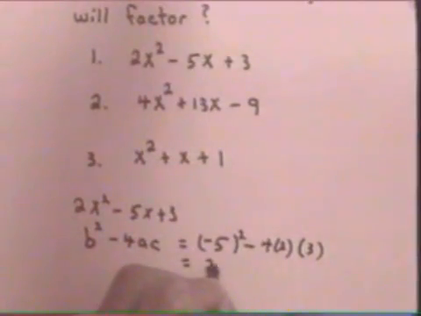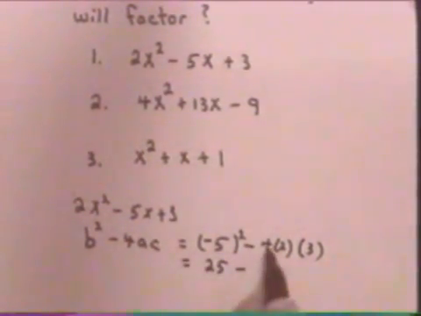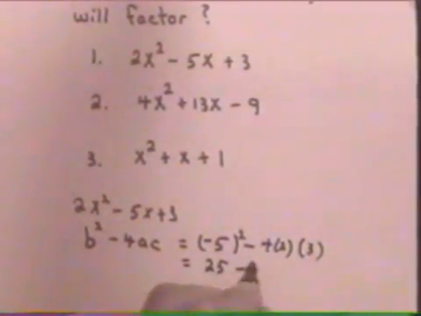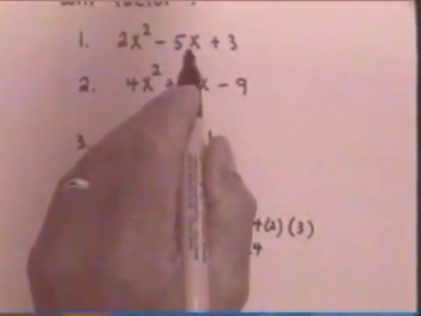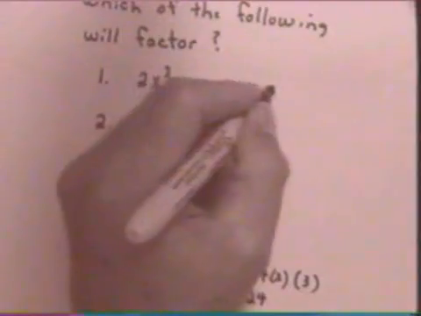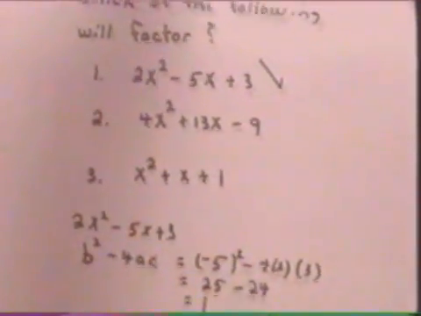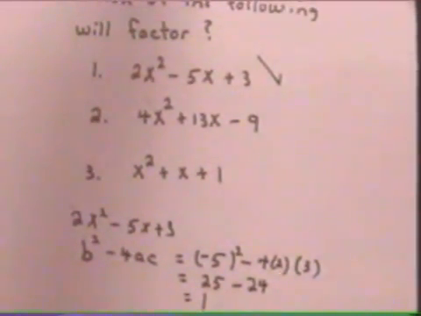Negative 5 squared is 25, minus 4 times 2 is 8, 8 times 3 is 24. 25 minus 24 is 1. 1 is a perfect square. So since the discriminant is a perfect square, I know that 2x squared minus 5x plus 3 will factor. So I'm going to put a check there saying that one will factor.